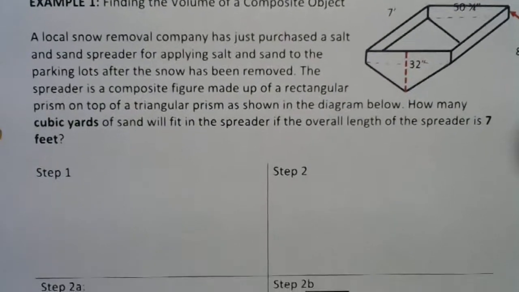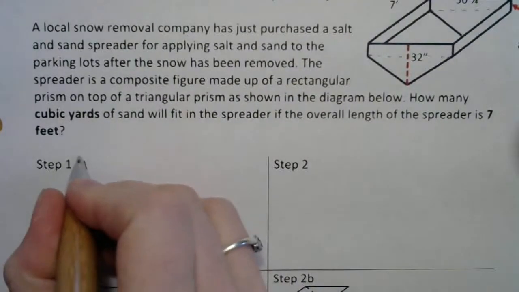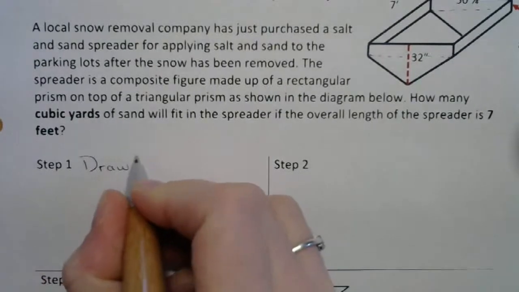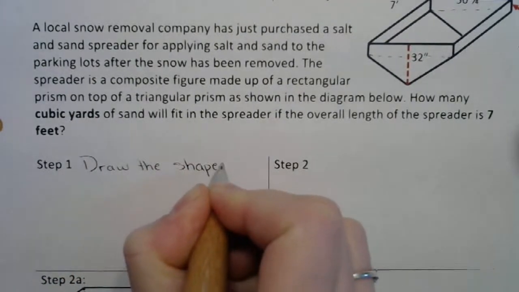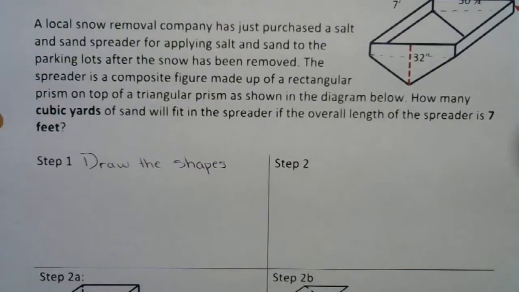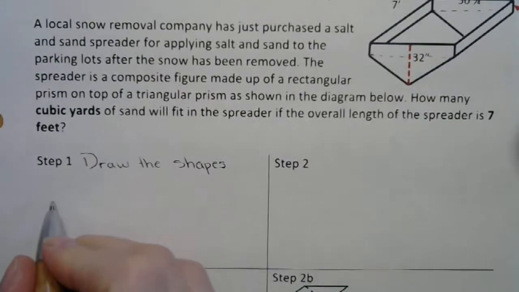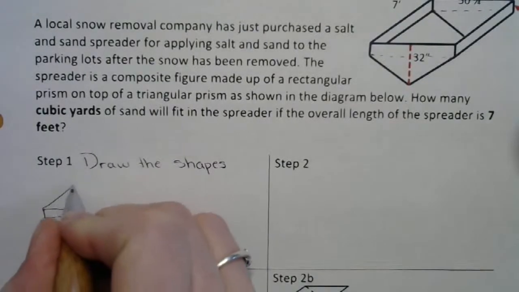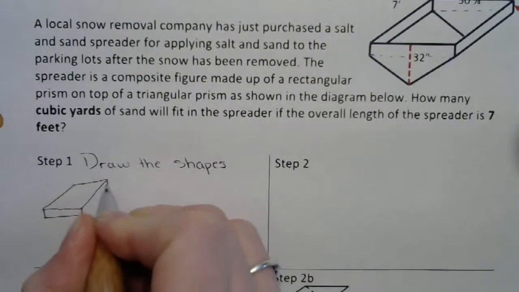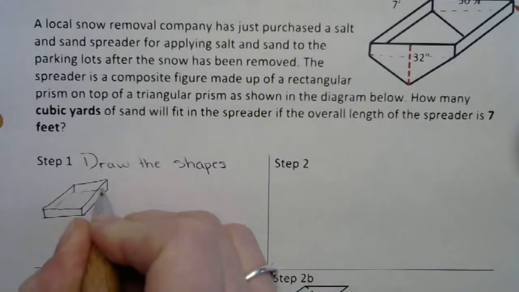Step 1 of doing these types of questions is determining your shapes. So draw your shapes. Drawing the shapes will help you because you can label each shape with the lengths you know, and that way you can see shapes that you can actually calculate the volume for. So we have a rectangular prism. It's kind of long and thin, and it's sitting on top of our other one.